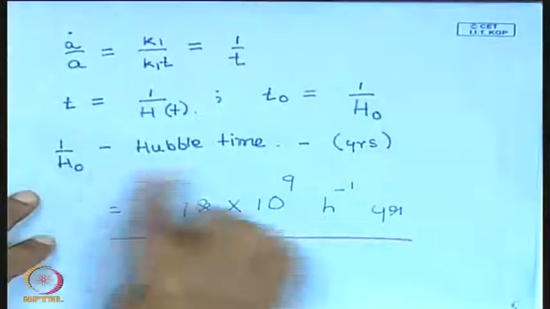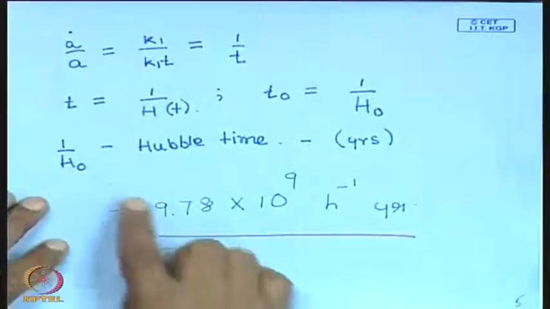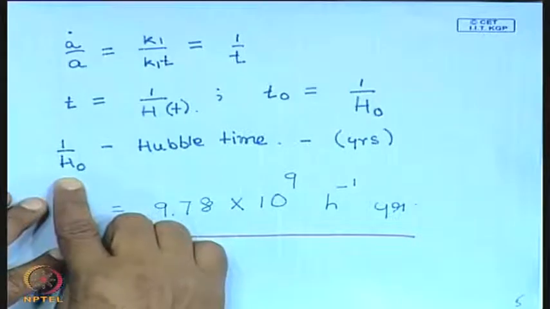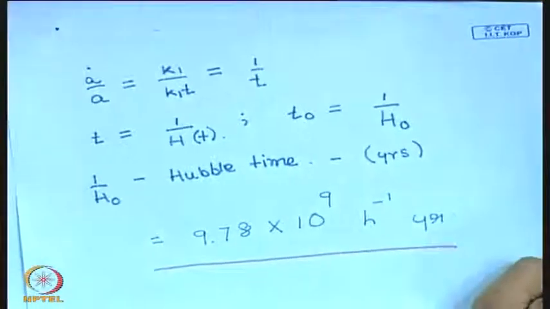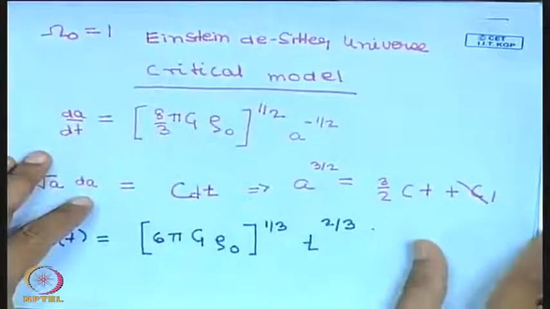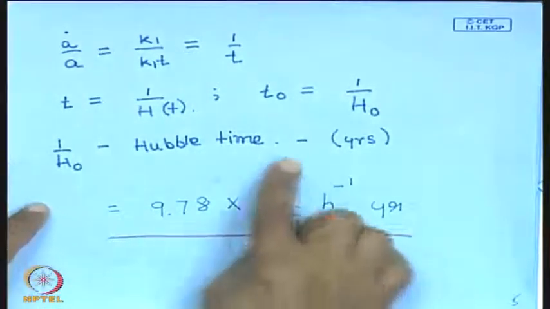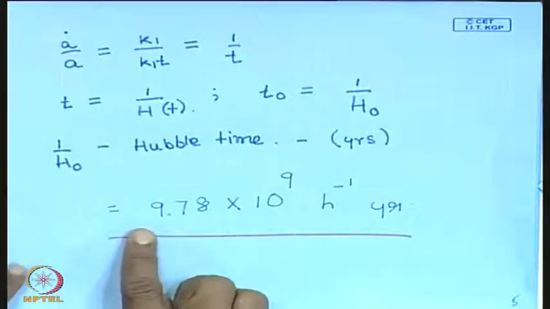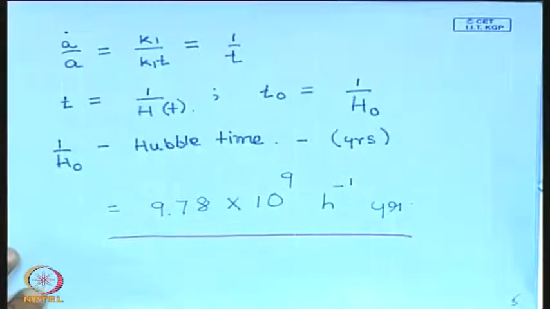If I had no gravitational slowing down, then the age of the universe is exactly the Hubble time, whereas if I am living in a cosmological model where the density is exactly equal to the critical density, omega naught is 1, then the age of the universe is 2/3 of this value for the same value of the Hubble parameter. Okay, so the age is smaller.